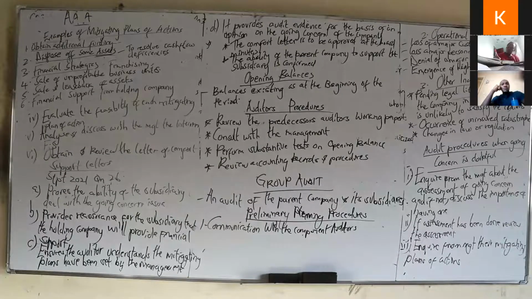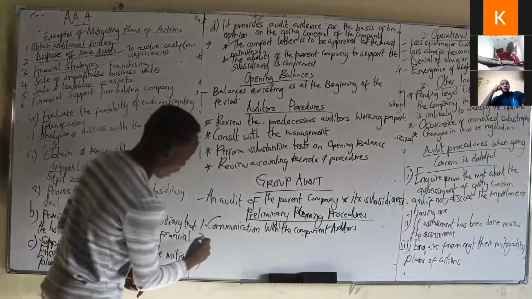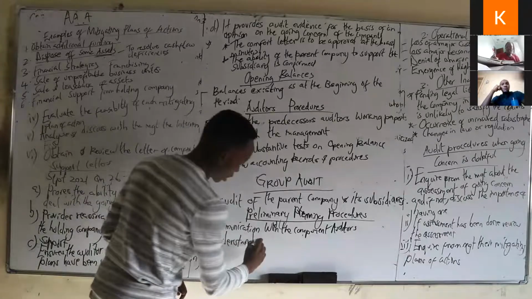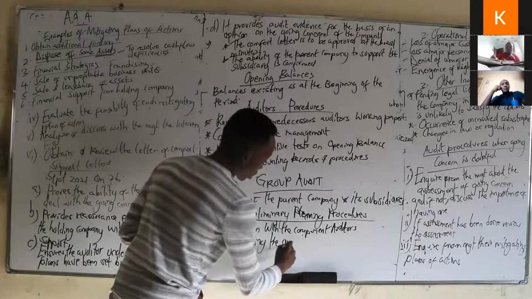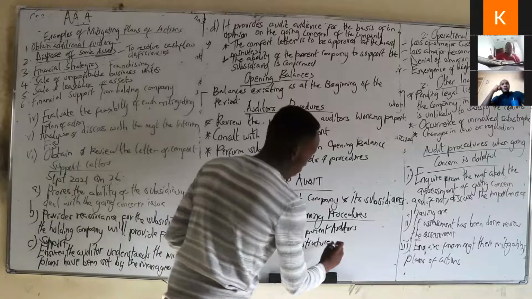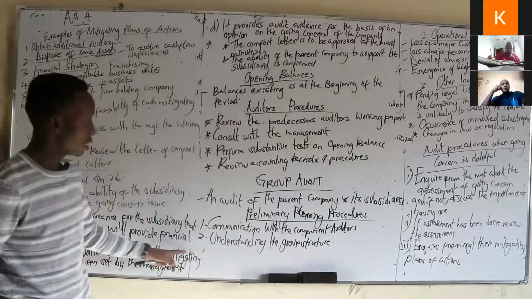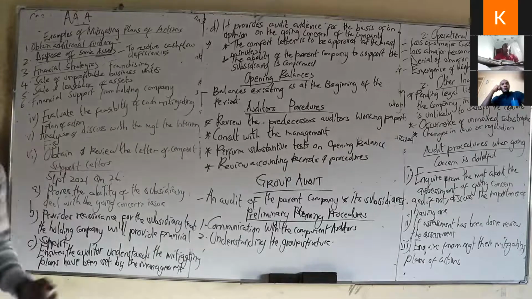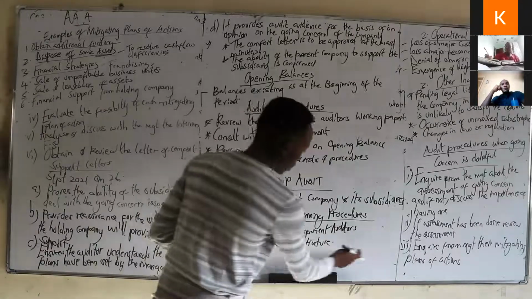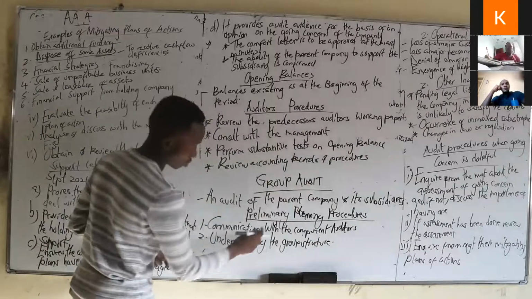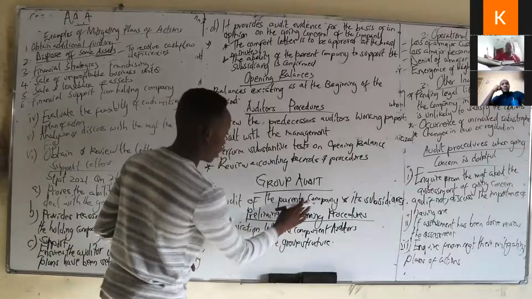And then also you will understand the group structure. So if we have many subsidiaries, or the percentage of the holding company, that is what you're saying, understanding the group structure. For example, if we acquired 70% of this shareholding, how then do we account for such? That is what you're saying, planning procedures.